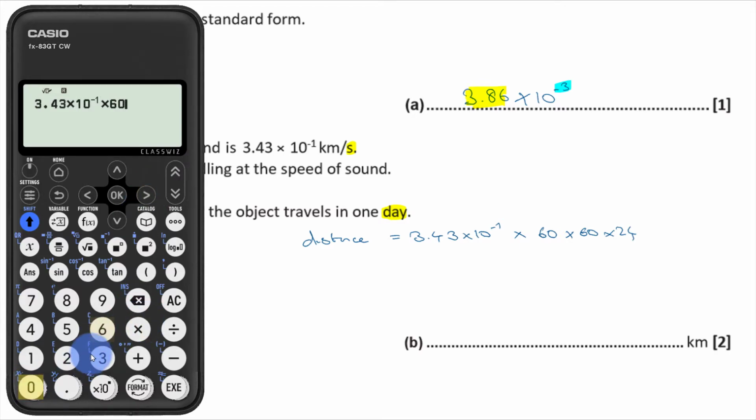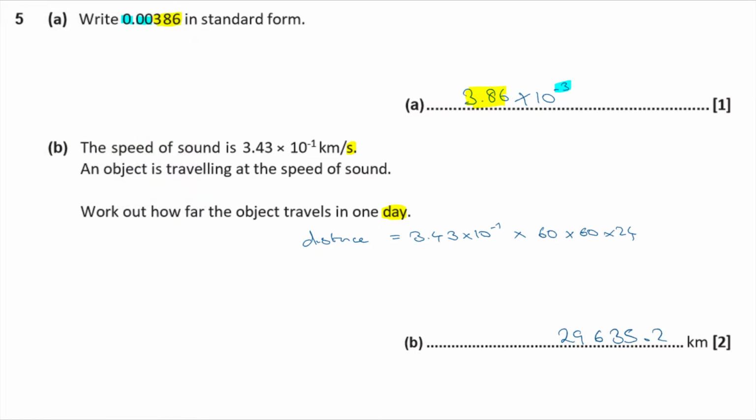And then I'm going to multiply that by 60 times 60 times 24. That comes out to be 29,635.2. So that's the answer then, isn't it? 29,635.2 kilometers in a day.